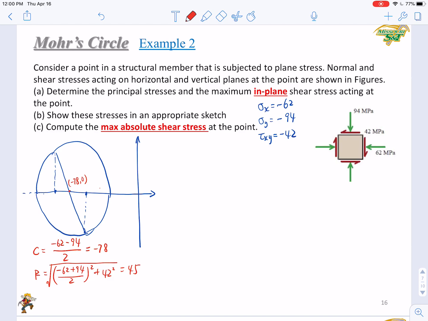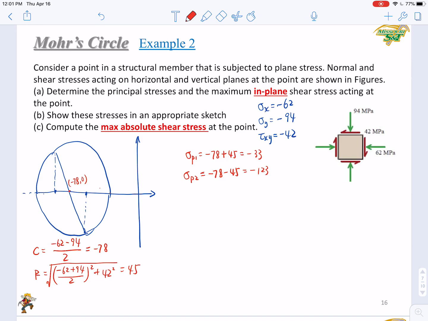So the principal stresses will be sigma p1 equals negative 78 plus 45, you got negative 33. Sigma P2 would be negative 78 minus 45, you get negative 123.